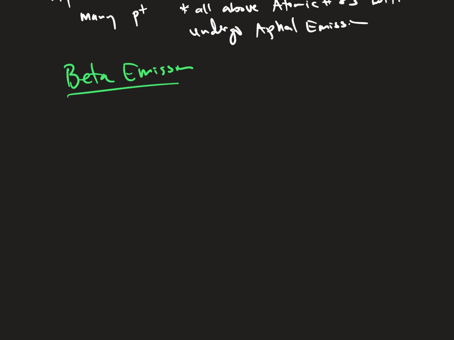Okay. So for beta emission, what's happening is we have a neutron in the nucleus. It shoots off an electron or a beta particle. And what's left? Let's do the math. You start with a mass of 1. We get rid of a mass of 0. What are we left with? 1, right?